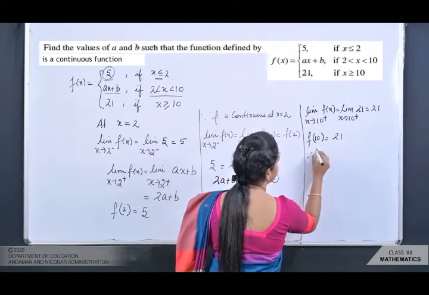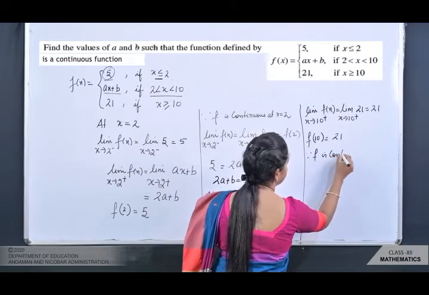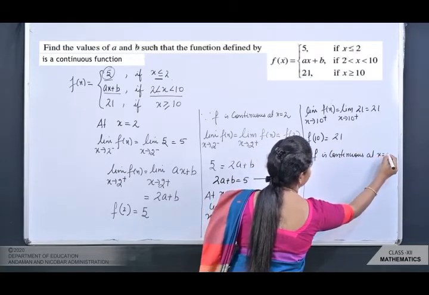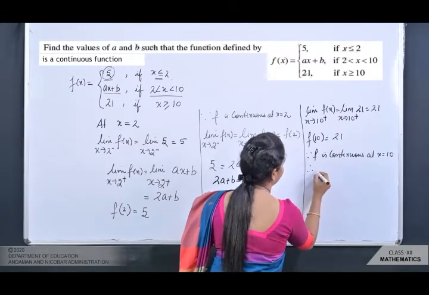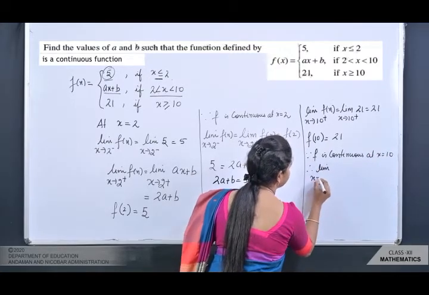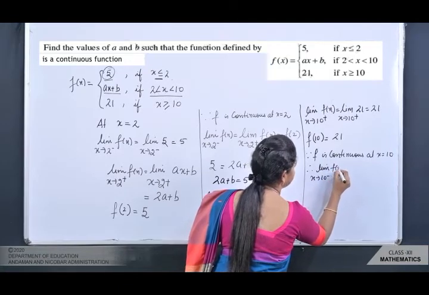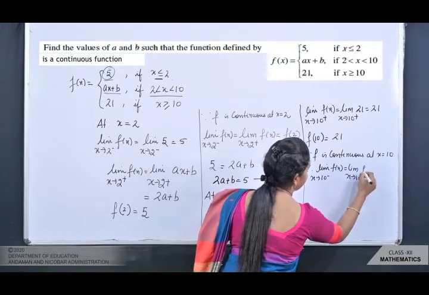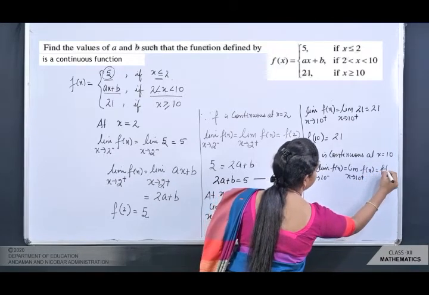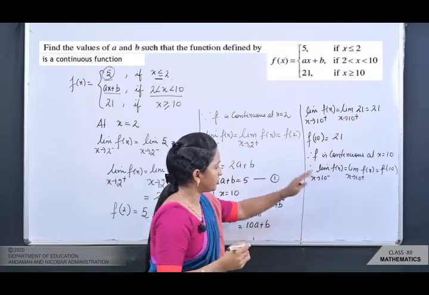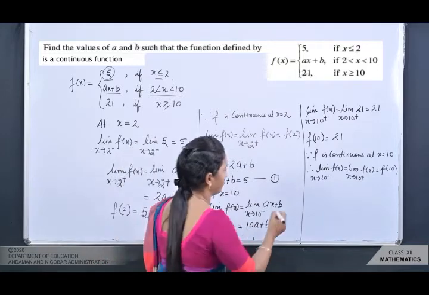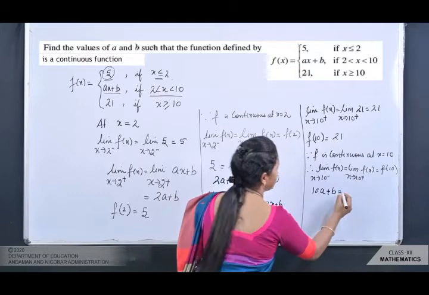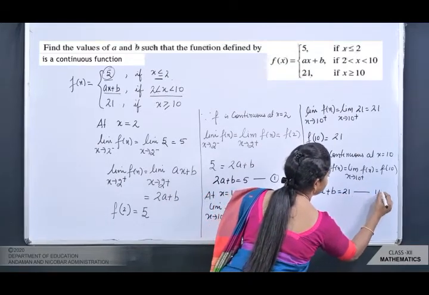So since f is continuous at x is equal to 10, therefore limit x tends to 10 minus f(x) is equal to limit x tends to 10 plus f(x) is equal to f of 10. Okay, substituting the value here, you are going to get 10a plus b is equal to 21, equation number 2.